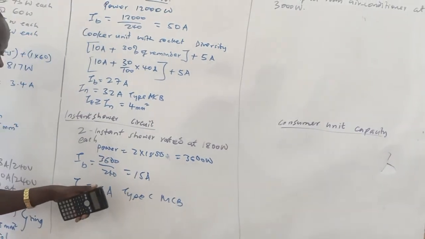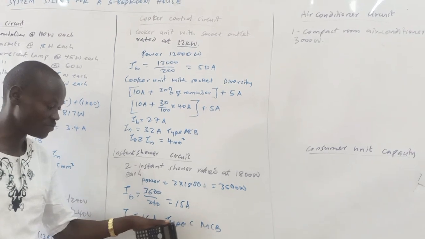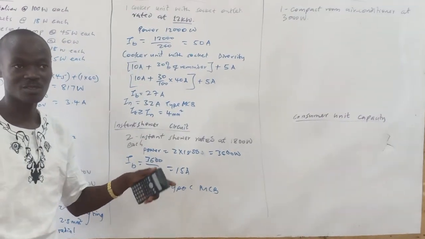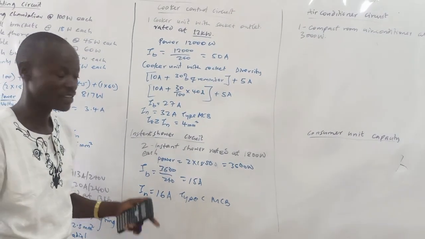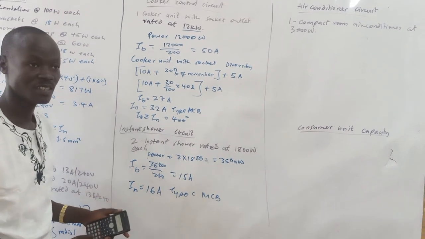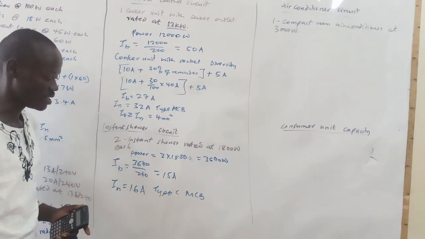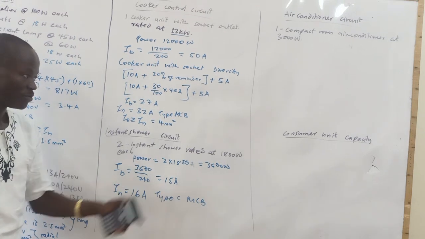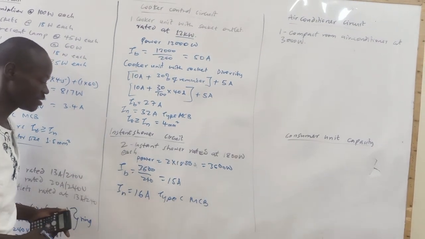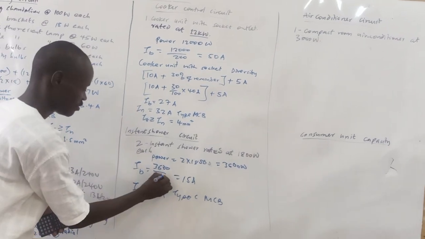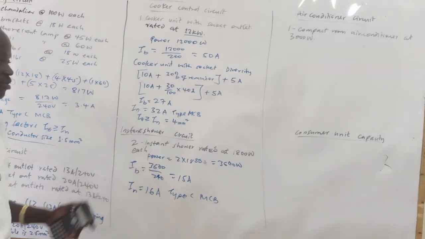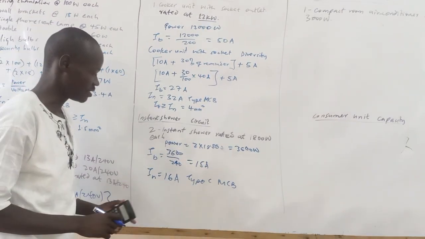The nominal settings, the ratings of these types of circuit breakers, are already in the market. So if you are not sure, just go and Google the ratings of MCB circuit breakers, depending on the type. So you get all the ratings and all the effects you need to consider. So don't relax, it's time to get it.